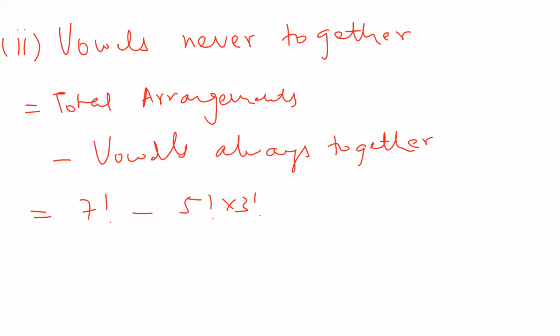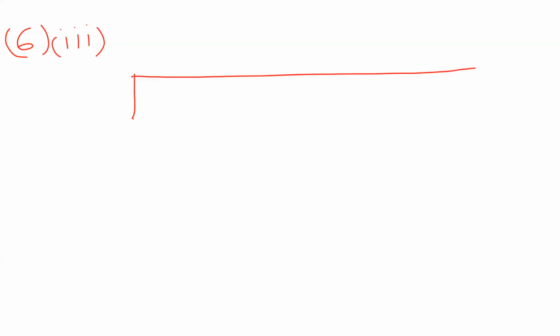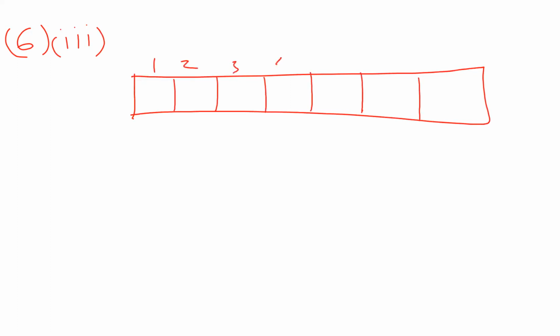The third part you people actually know now, because it is related to the second sub question. So I'll go to the third part. When I say combine, I'm making 7 boxes. The vowels will occupy only the odd places: vowel, vowel, vowel, vowel.